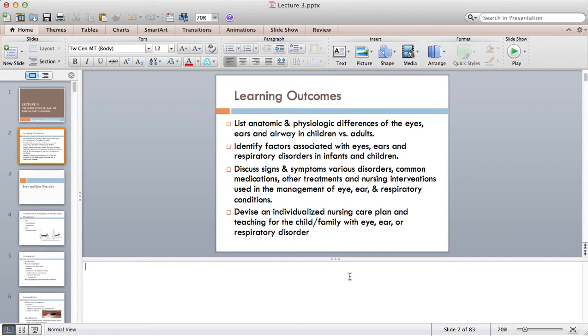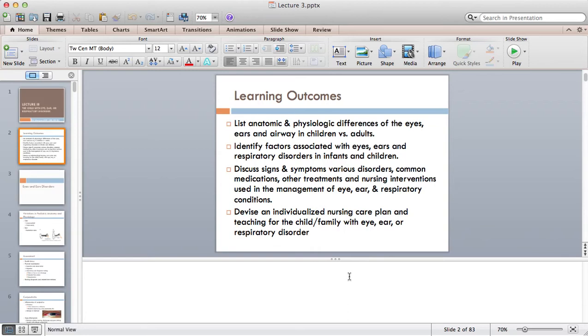Be happy, girl. We'll do the eye, ear, and respiratory. What we try to accomplish is to look at the anatomical differences in the eyes, ears, and the airway of children versus adults. We also like to look at those factors that are associated with those disorders or that can put those kids at risk or that can cause a problem in infants and children.